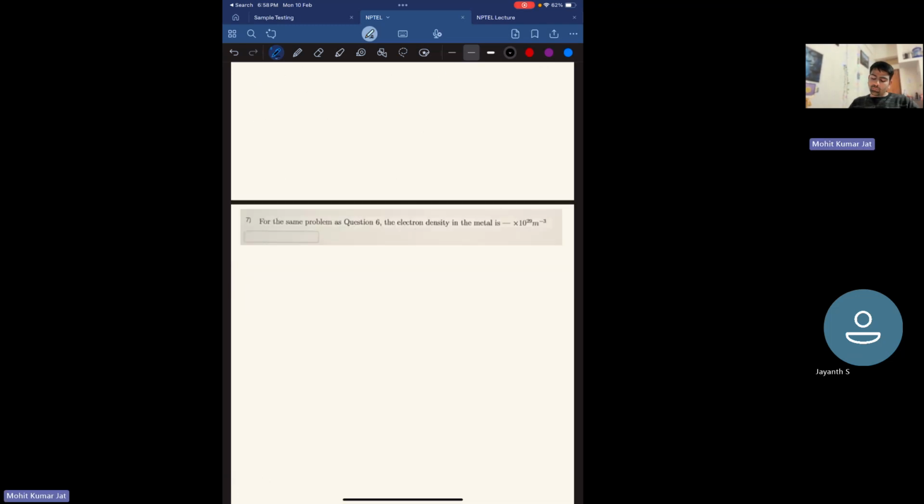For the same problem as question number 6, the electron density in the metal is asked. Now you have calculated the Hall coefficient RH. Fine, good.